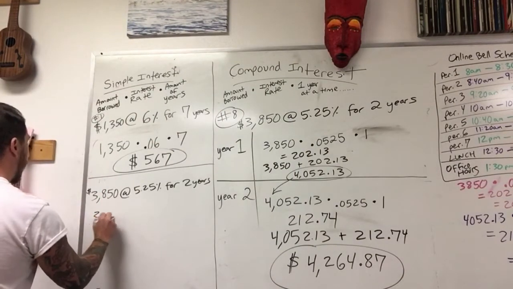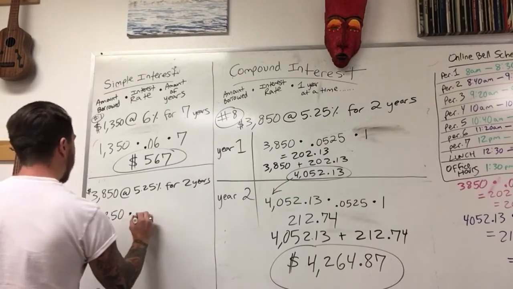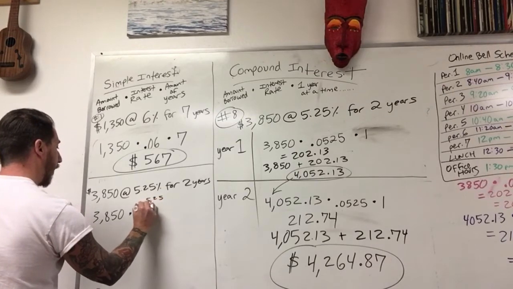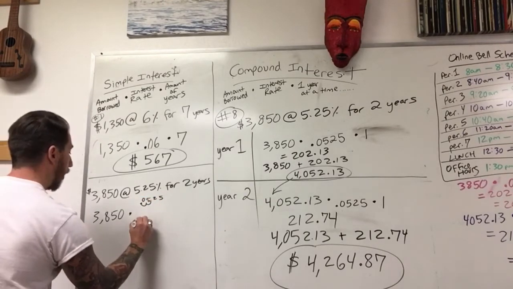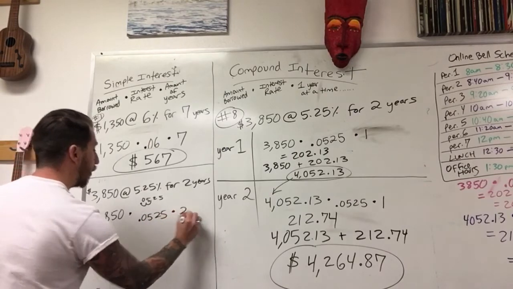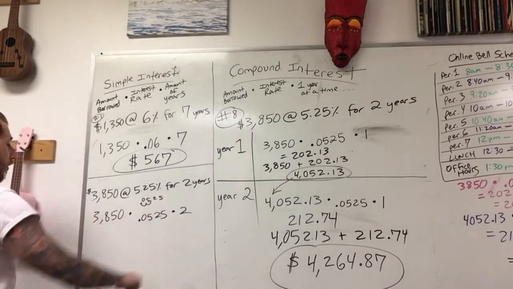So now you would take 3,850 multiplied by, remember we have to take our 5.25, decimal place goes 2 to the left, 0.0525, and then we would just multiply it by 2, right? That's our simple interest. We just do times 2.